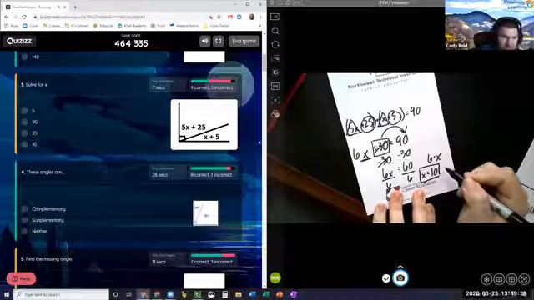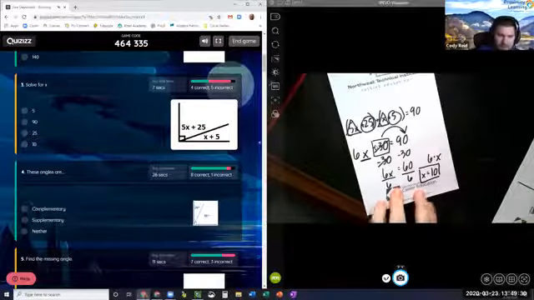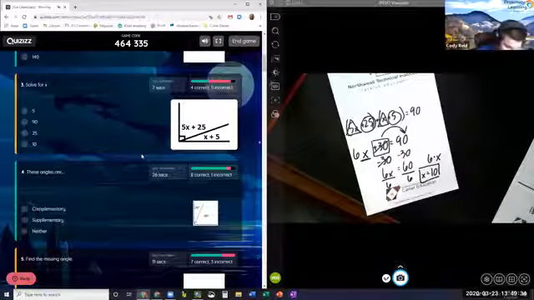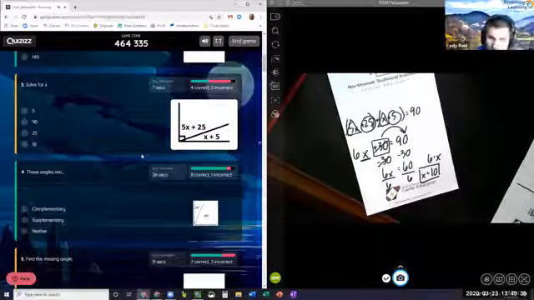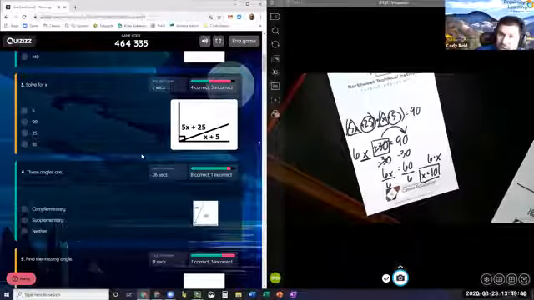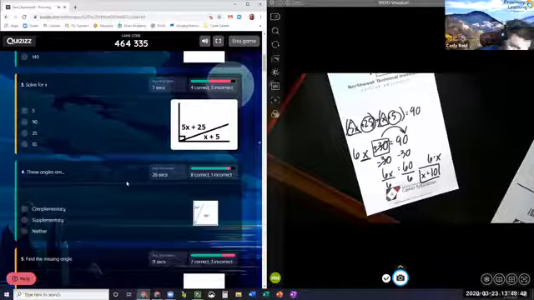And the question is solving for x. So we don't have to re-plug it back in. We just solve for x. Any questions, comments, concerns?